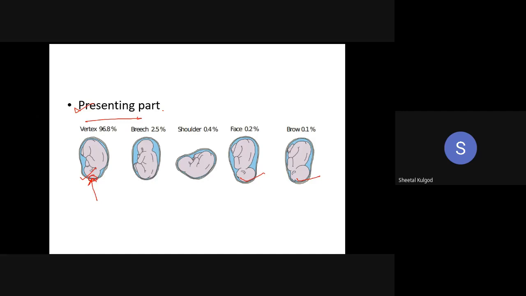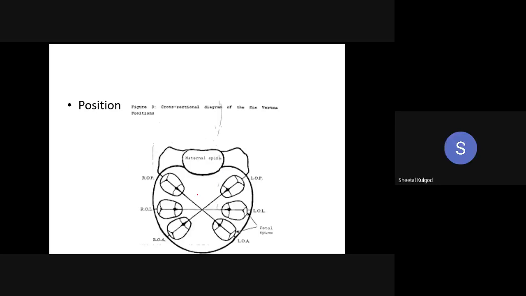Whatever the part we're feeling first here, that is the presenting part. So it could be vertex, face, or brow in case of cephalic presentations, or it could be breech as in breech presentation, and shoulder as in shoulder presentation. Understood?